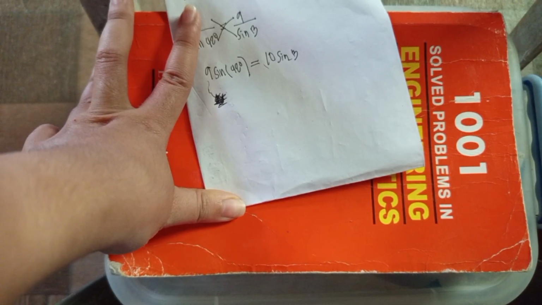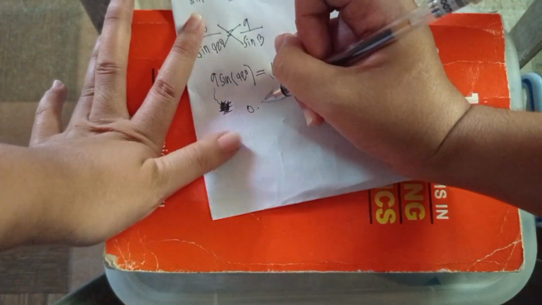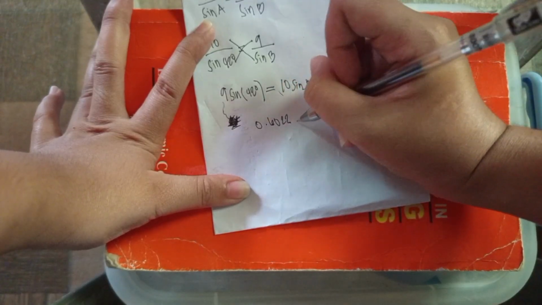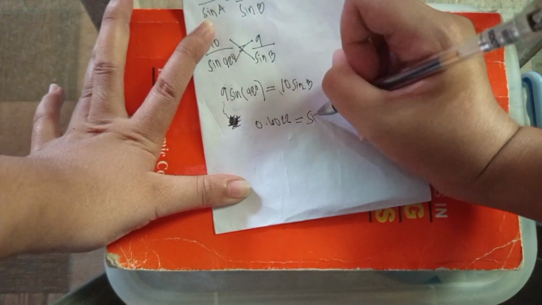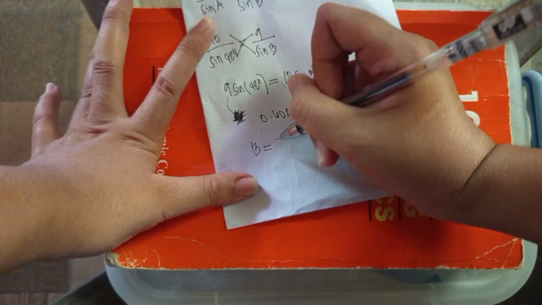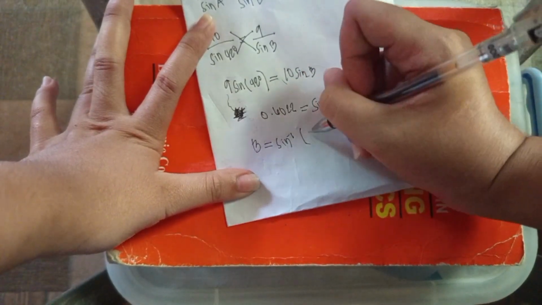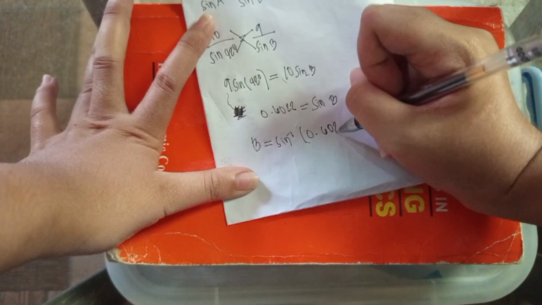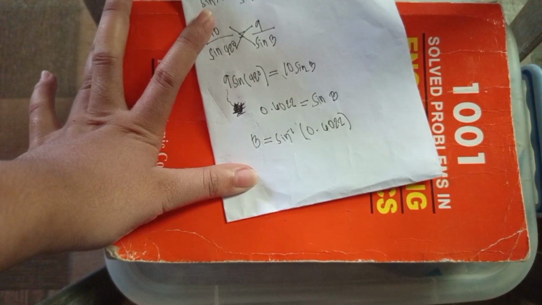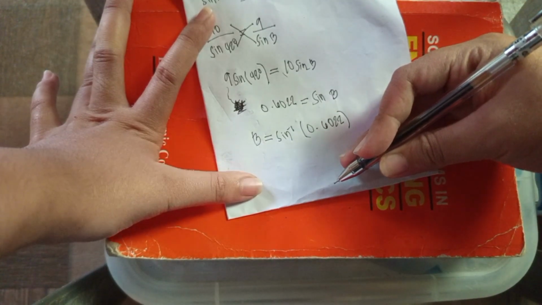So arc sine 0.6022 equals sine B. The answer is 37.03 degrees.